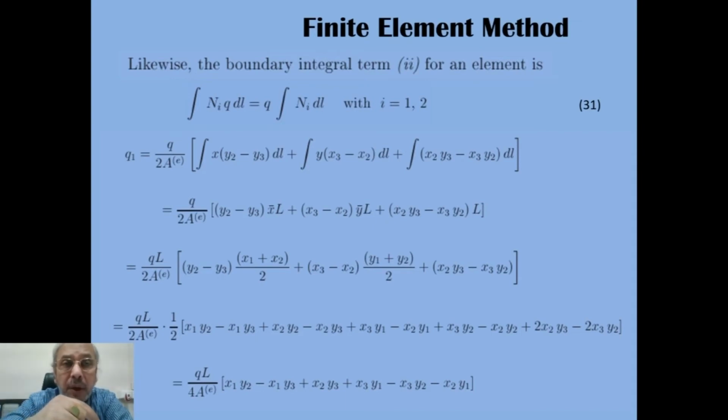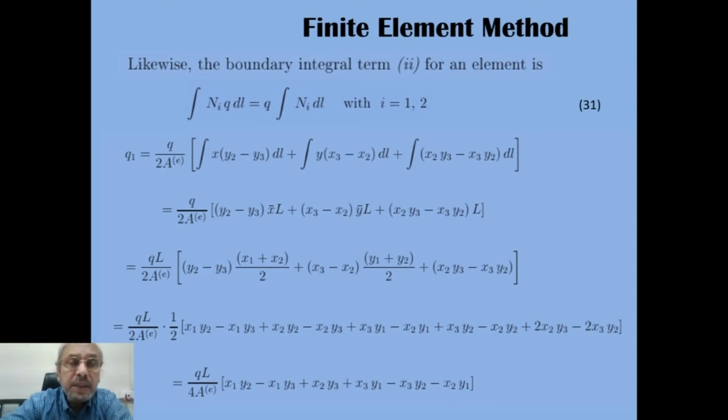That means the boundary is covered by one side of the triangle. All the triangles falling on the boundary cover the boundary by one side of the individual triangles.